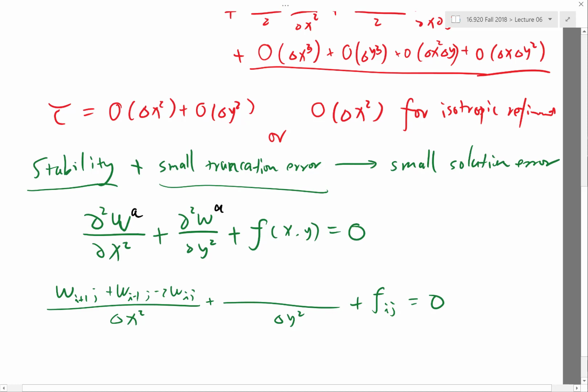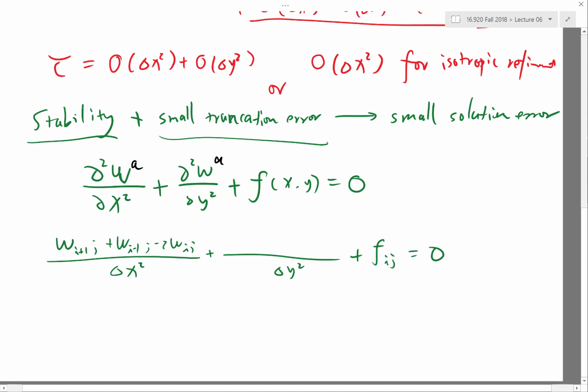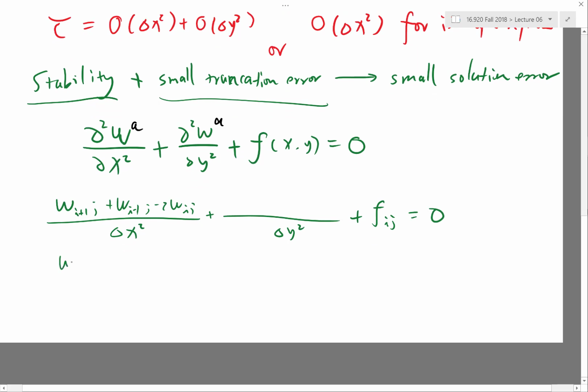So how do we make them the same so that their difference actually gets us the truncation error? Well, the thing to do is to actually substitute the analytical solution into the numerical scheme and then subtract. Okay, so the process is, what if I put this analytical solution into the numerical scheme?